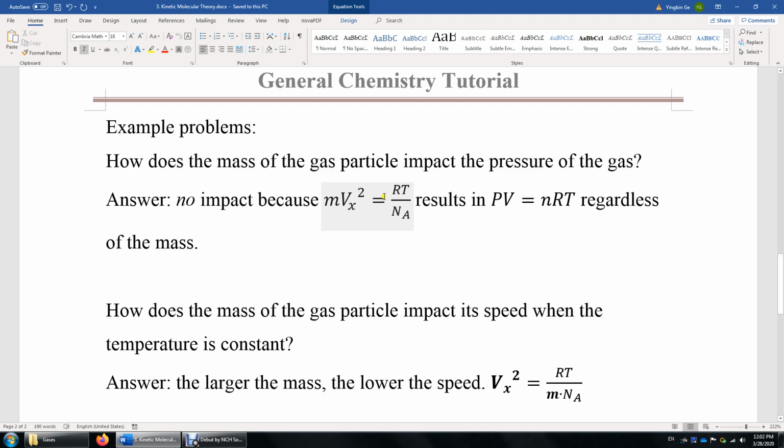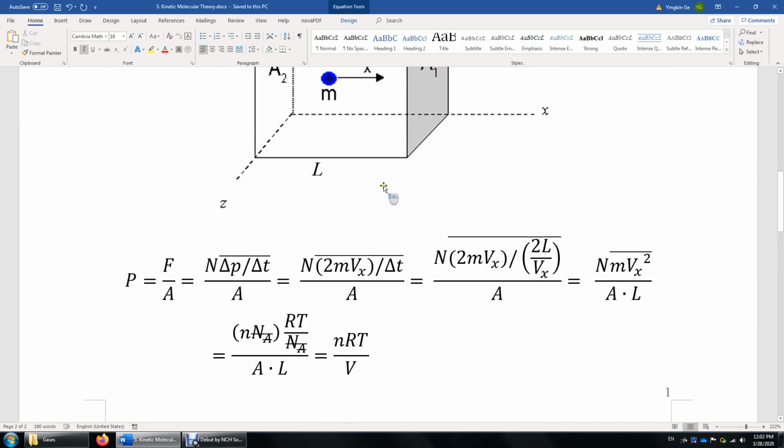Why? Because if you remember our derivation, at first we have mass appearing in this equation. It seems that m and P have some relationship, that P is proportional to m.